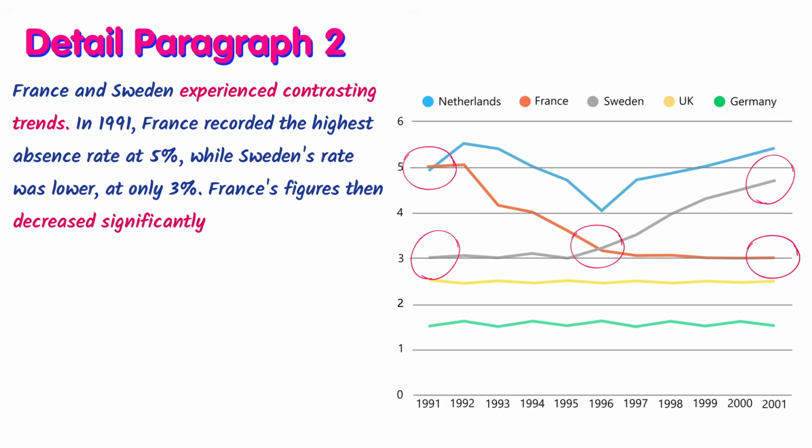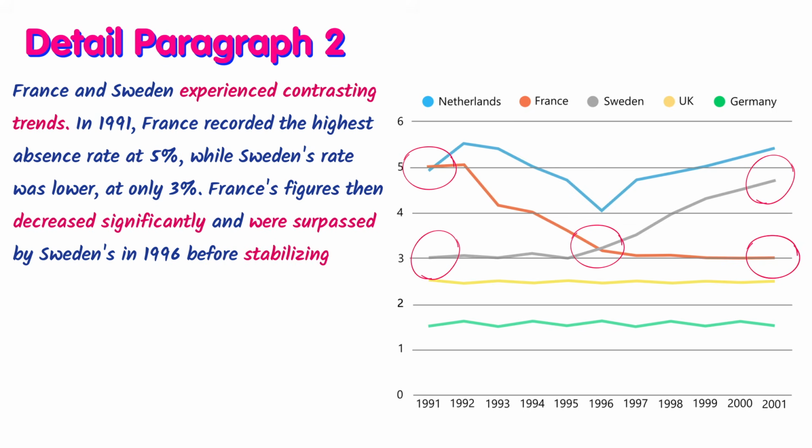They decreased significantly and were surpassed by Sweden's in 1996 before stabilizing. It's a very important word. It means to become steady. Stabilizing at close to. It's a very nice word. Instead of saying around, close to 3% for the rest of the period.